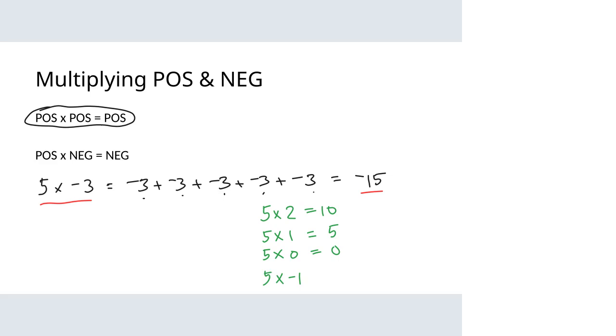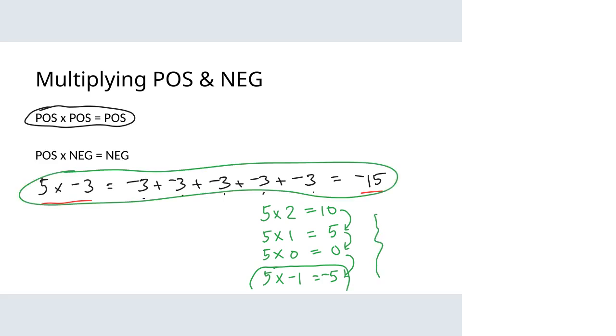Even if I wasn't sure what that was, I could look at the pattern. It went from 10 down to 5, lower by 5 to 0, so this will have to get lower by 5 to negative 5. So here's an example of a positive times a negative being a negative. Repeated addition is a great way to show that, and this pattern is a good way too.